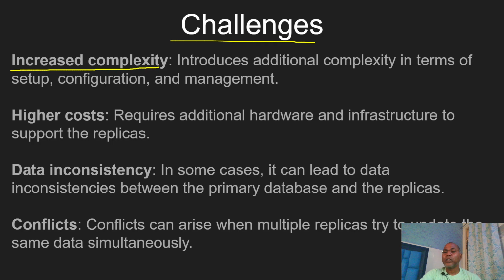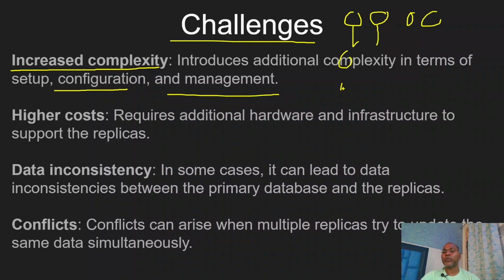What do I mean? Now we have to set up more configurations and management, because we are introducing multiple database servers and each database server has multiple copies. So we have to manage that the data is properly copied, and if any server is down, we have to bring it up. So all the configuration and management becomes additional and complex work for the system engineer, DevOps engineer.